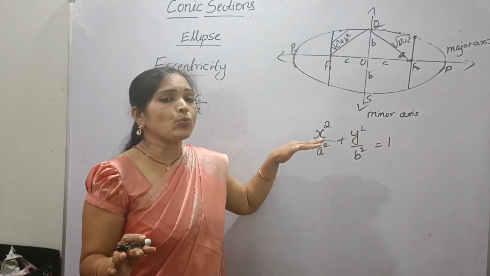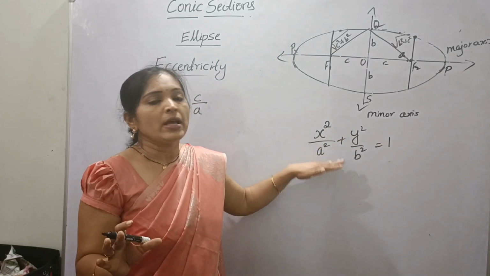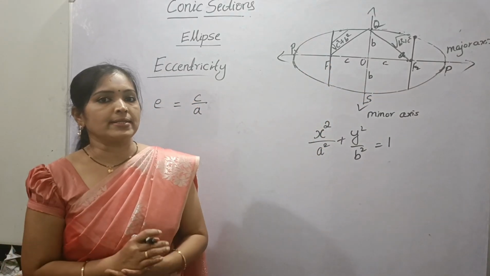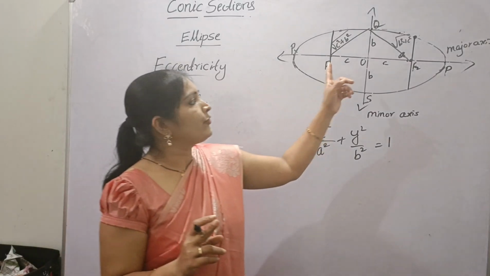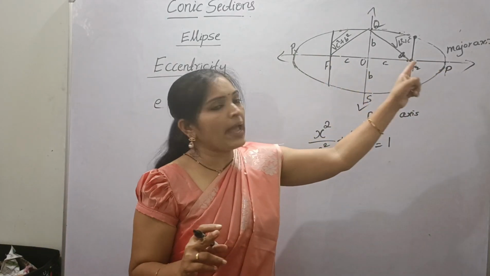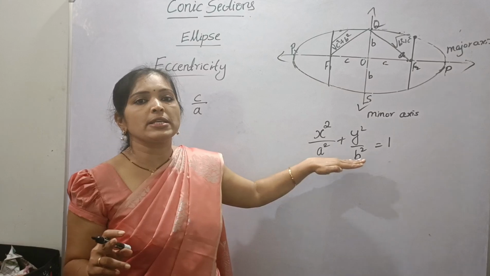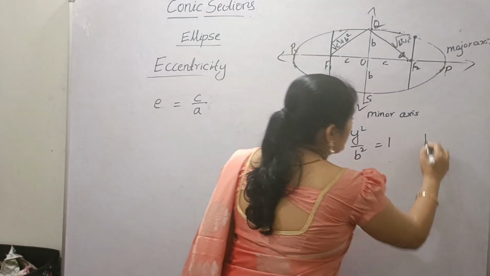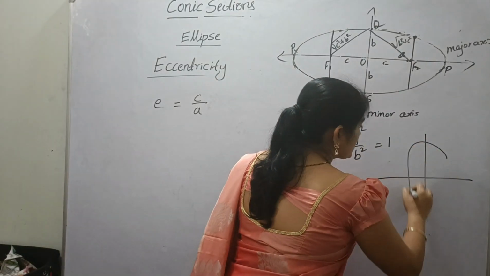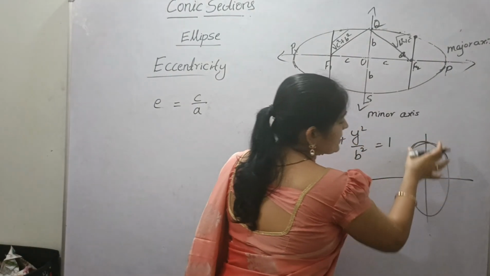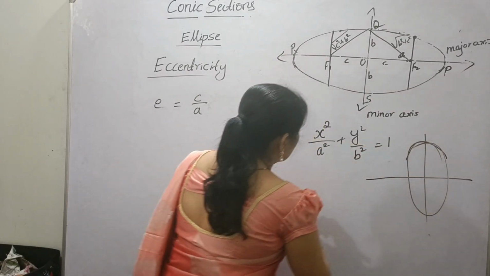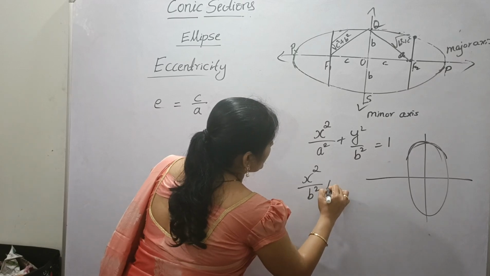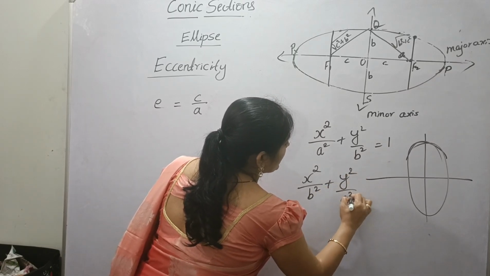This is the equation of the ellipse when the major axis of the ellipse is along the x-axis. Remember, if the major axis is along the x-axis, the equation of the ellipse is x square by a square plus y square by b square is equal to 1. In the other case, if the major axis of the ellipse is along the y-axis, then the equation of the ellipse is x square by b square plus y square by a square is equal to 1.